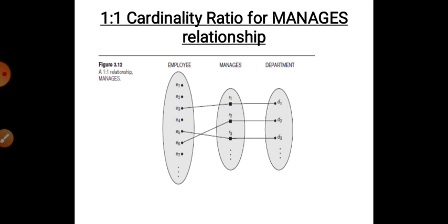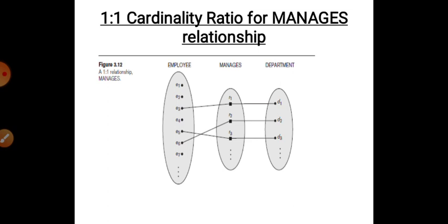So for cardinality ratio, you have one relationship type, that is manages. On the left side you have the employee entity, on the extreme right you have department, and the relation is manages. From the employee entity set, one employee will manage one department. That means there will be 1 is to 1.